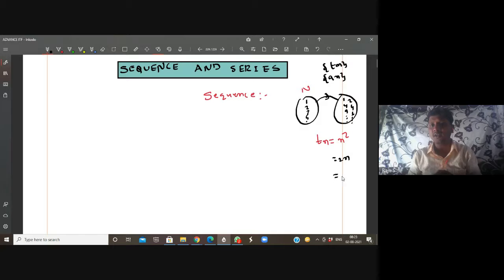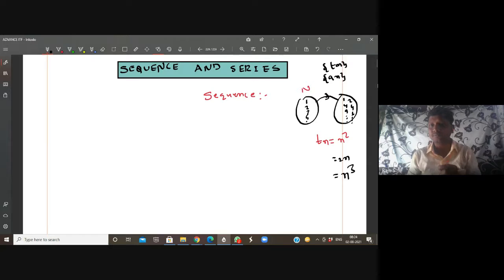If I take n cube, we get 1, 8, 27, 64, and so on. But the domain is fixed. So simply remember that a sequence is a function whose domain is the set of natural numbers.